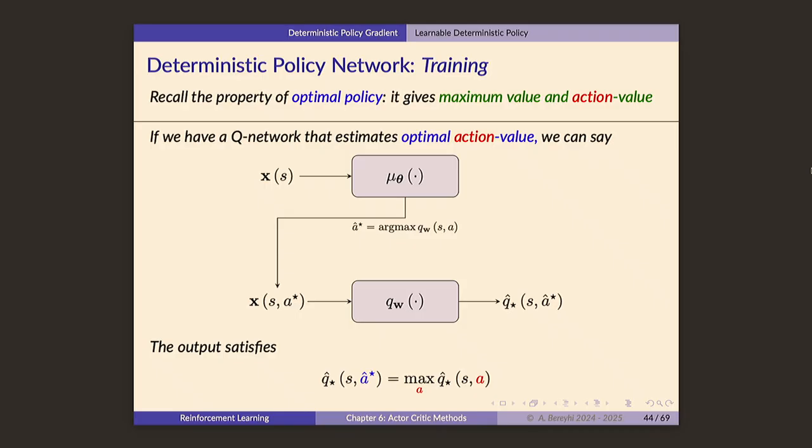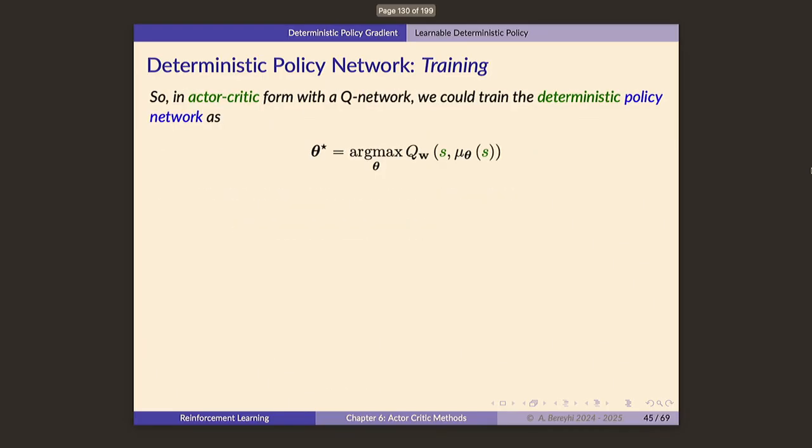And then the question is how you can make an objective for having an optimal action. And then we do it this way. We say that if that is really the optimal action, this whole Q value should be maximum among all the actions, the one which gives me the maximum Q value. So I need to just maximize this. This is the objective for the policy network.